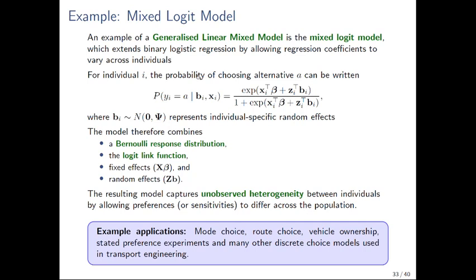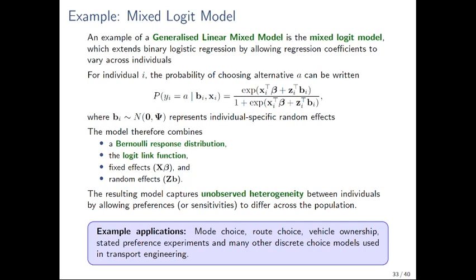And so for individual i, from the mixed logit model, we're able to derive the probability of choosing some alternative A, conditional on the random effects, as the logistic function of x transpose_i beta plus z transpose b_i, where the b_i are normally distributed individual-specific random effects.